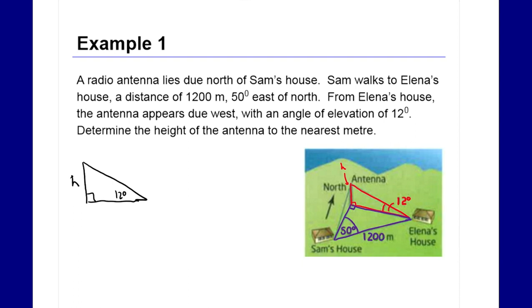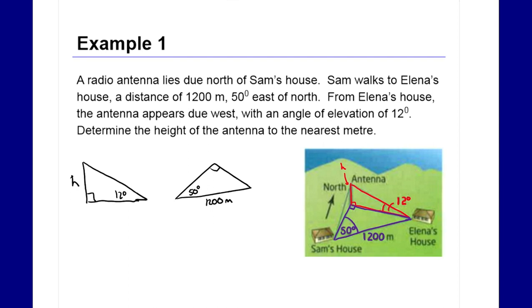So if I were to redraw that triangle, not to scale, but at least kind of how it's laid out: right angle, we have 50 degrees, and we have 1,200 meters. Based off of that triangle, I do have enough information that I could go through and find any of the other two sides of that right angle triangle because I have an angle and a side already.